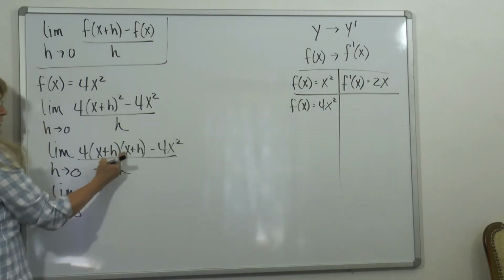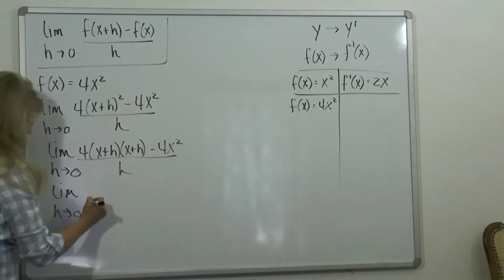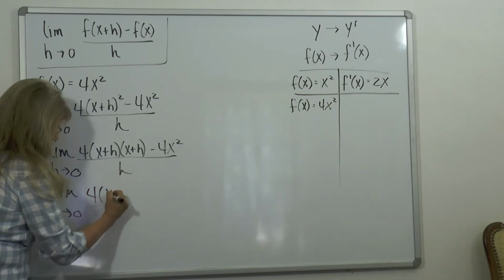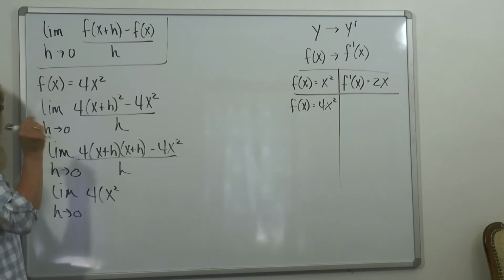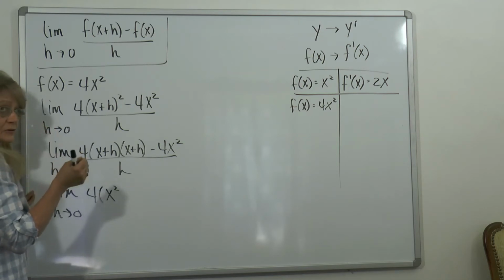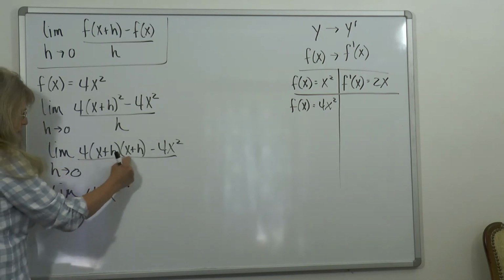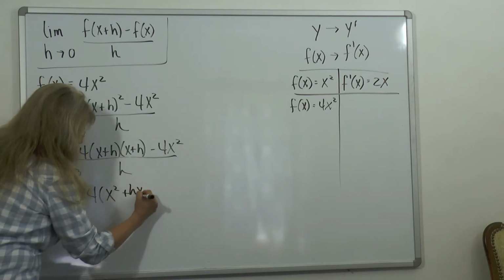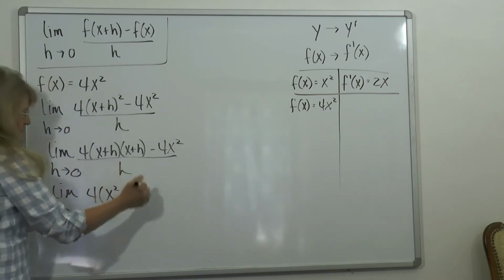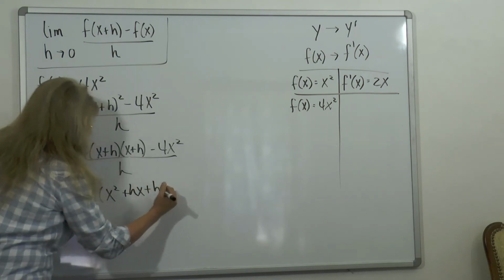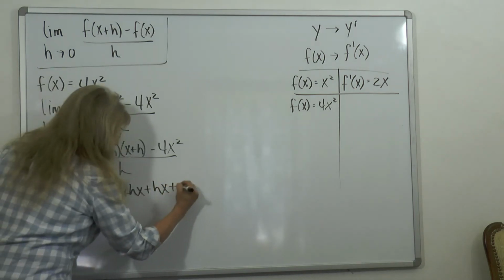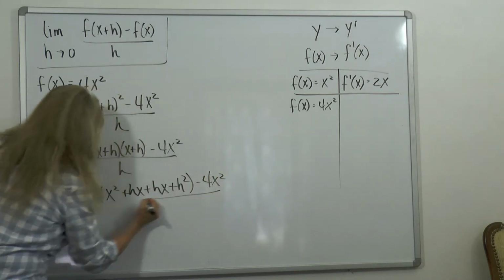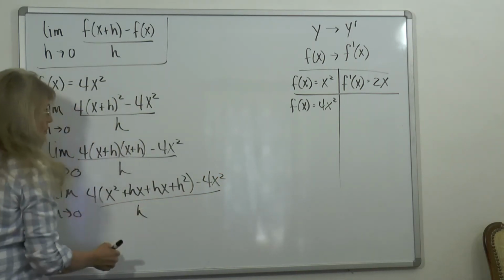You get really good at foiling those because you do it so often. So x times x is x squared. I'm going to put them in alphabetical order so it makes it easier to combine like terms. X times h, I'm going to write as hx. Then h times x is hx. Then h times h is h squared. Then I have my minus 4x squared.